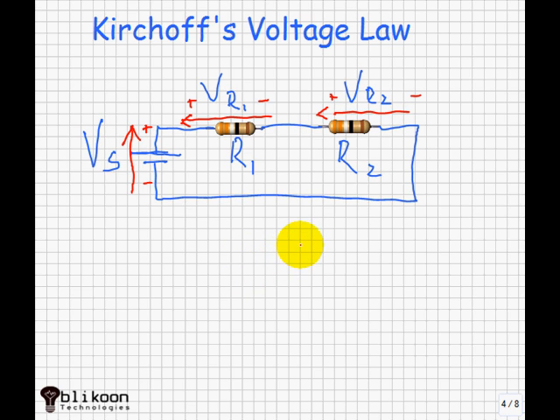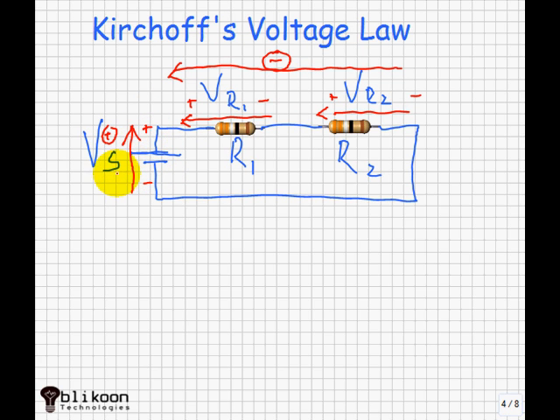KVL gives us a way to relate the source voltage to the voltage drops across resistors in the circuit. In our circuit here, this translates into relating Vs to Vr1 and Vr2. To understand KVL, I want you to pay attention to these arrows.